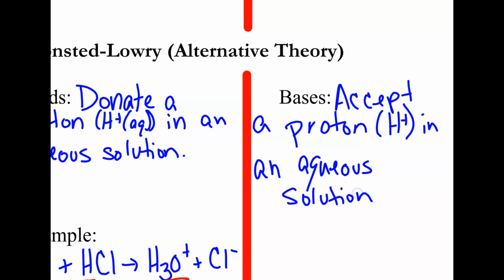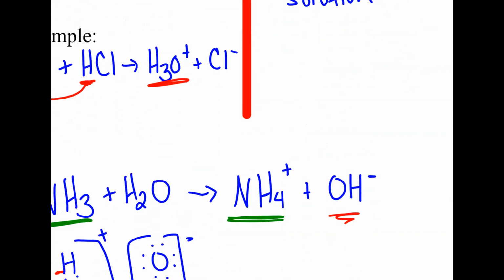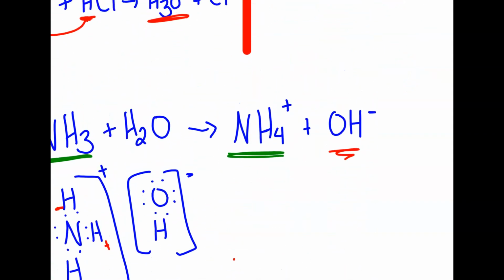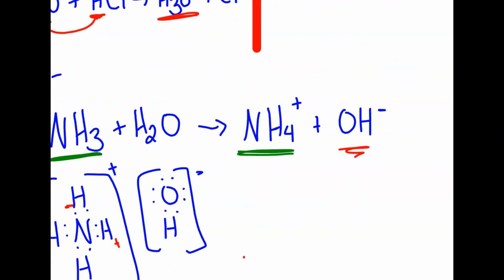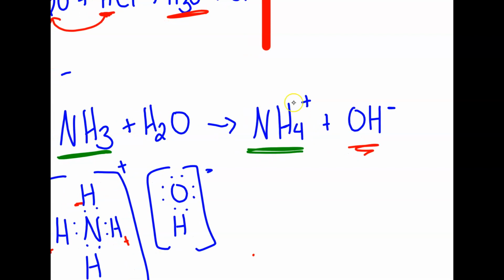All right, and so our example was what I drew down below with the ammonia, and you should recognize this NH4 ion. That ion is called ammonium. So it's called ammonium because it came from ammonia, and this OH minus you should recognize is called a hydroxide.